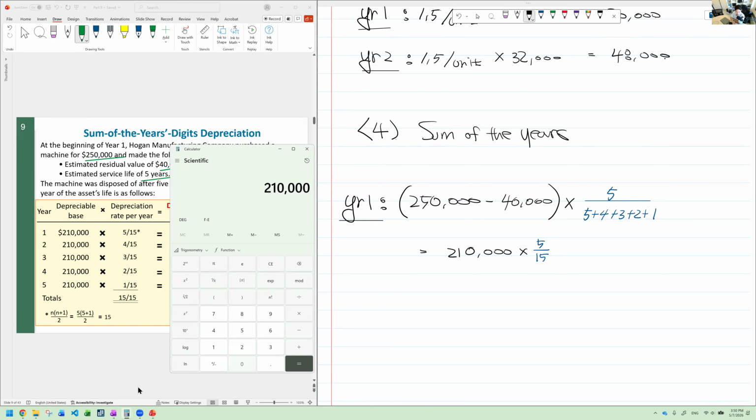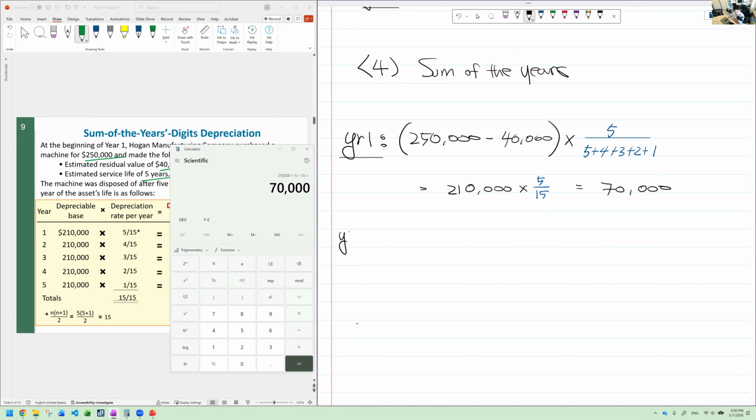So $210,000 times 5 divided by 15. The amount of depreciation expense that you record in year one is $70,000. How about year two? Same approach. Purchase price, $250,000 minus the residual value, $40,000. For the ratio, since this is the second year, in the numerator we decrease by 1, so 4. In the denominator, it's 5 plus 4 plus 3 plus 2 plus 1.